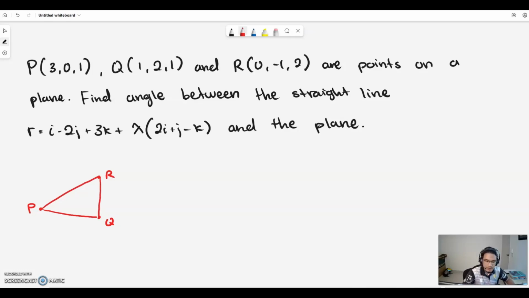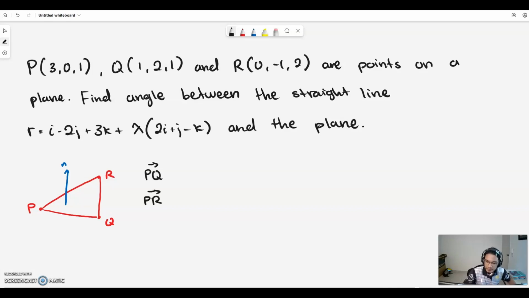Firstly, we have to determine the vector normal to this plane. To find it, we first find the vector PQ and also the vector PR.